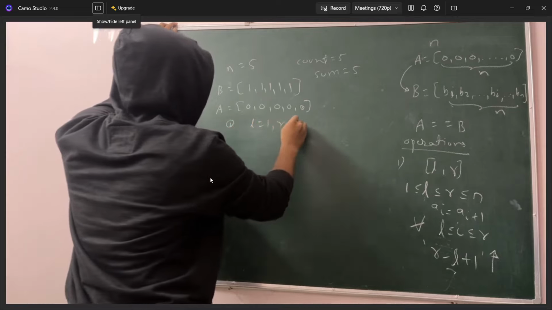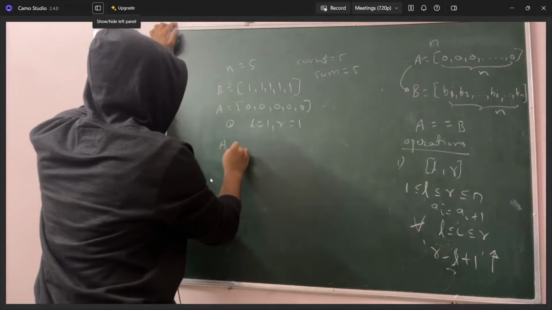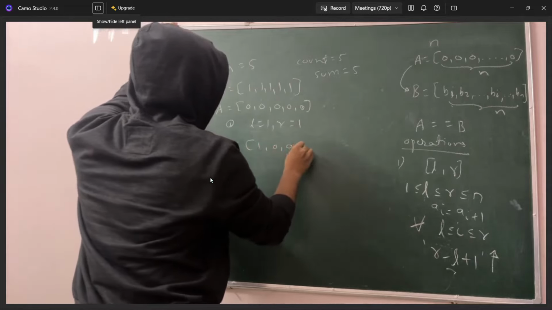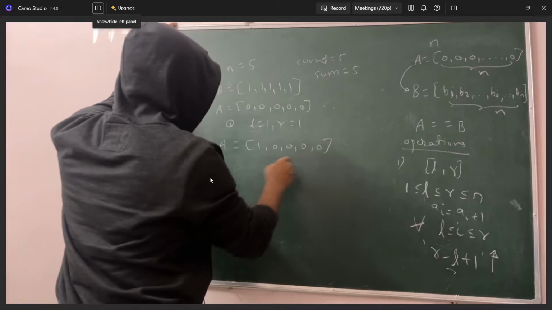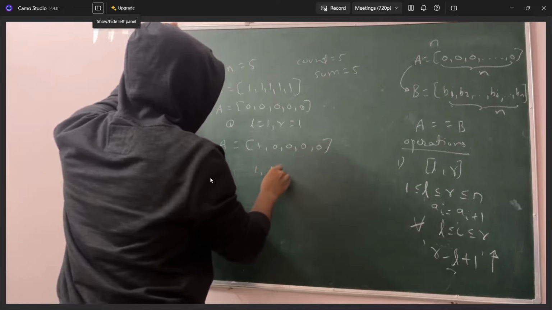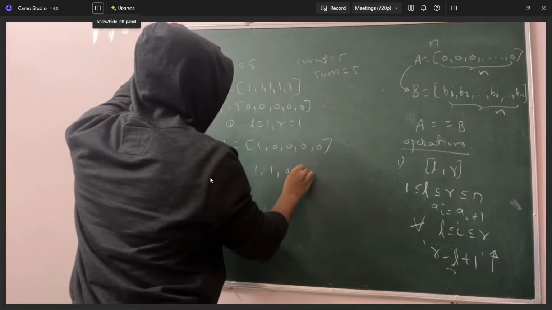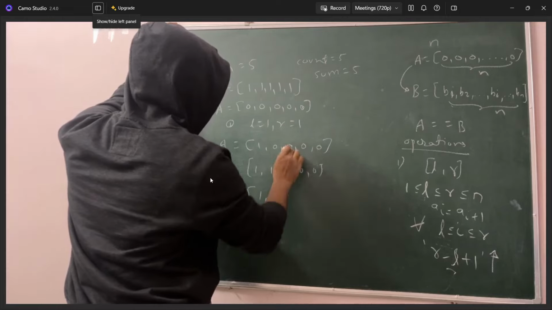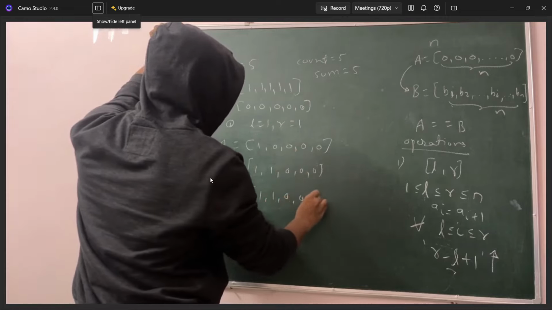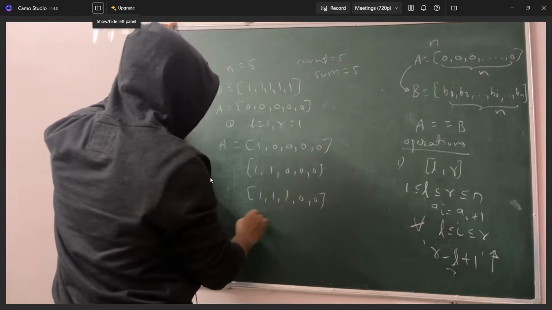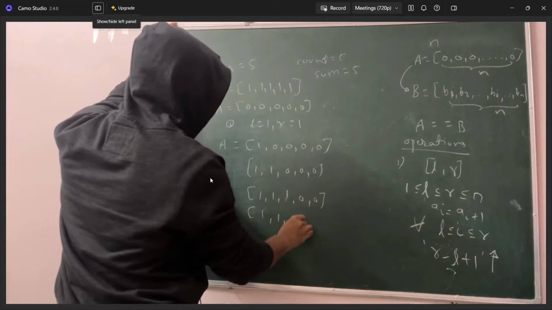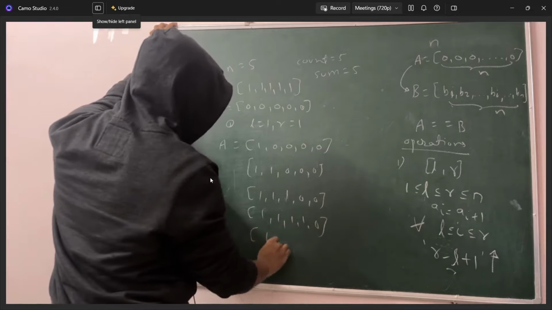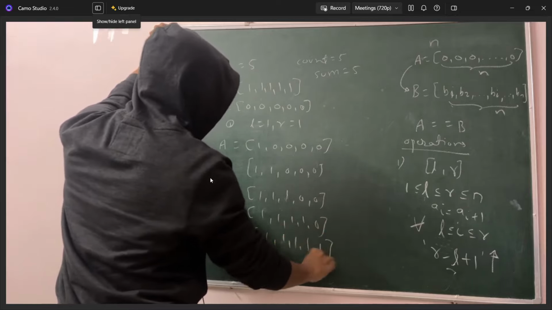L is 1 and R is 1 if you take, then in the first operation this will come into the picture. In the second operation you can increase this. In the third operation you can increase this. In the fourth you can increase this. In the fifth you can increase this.